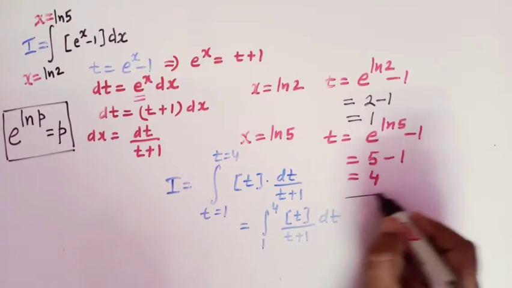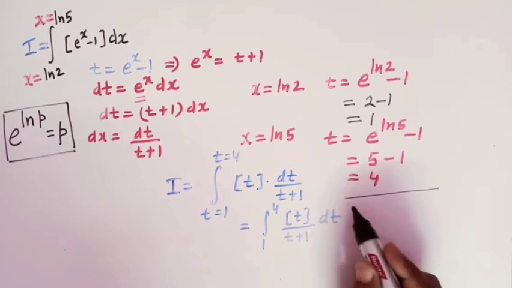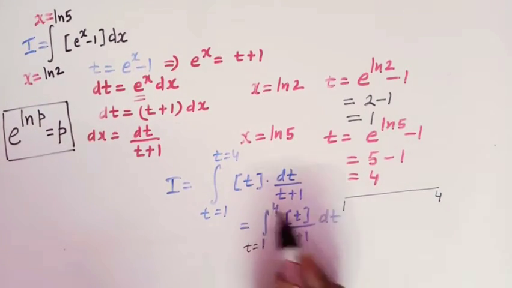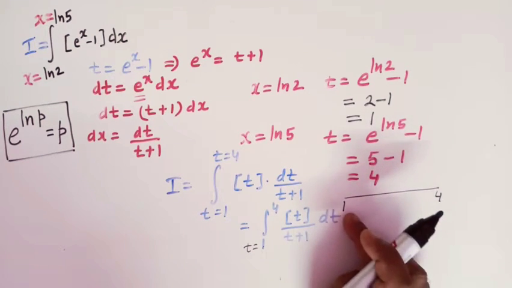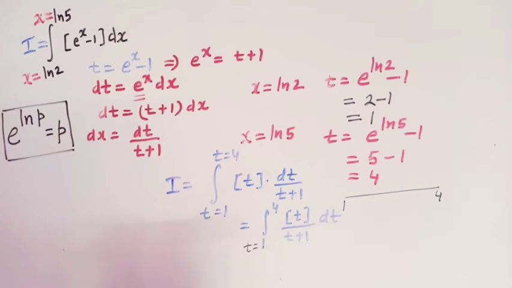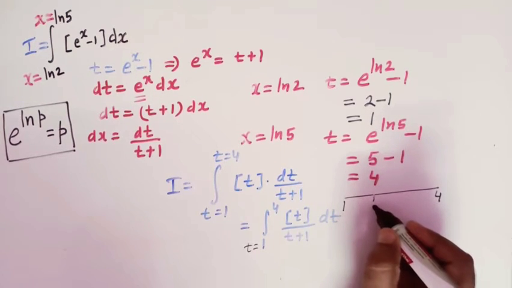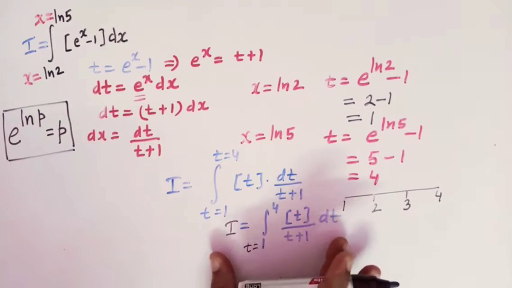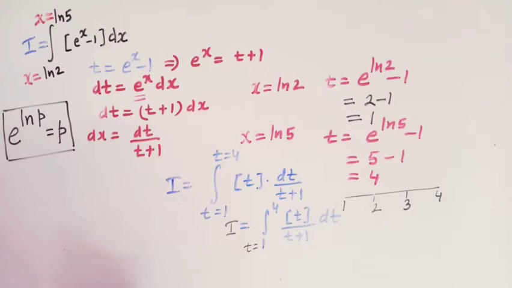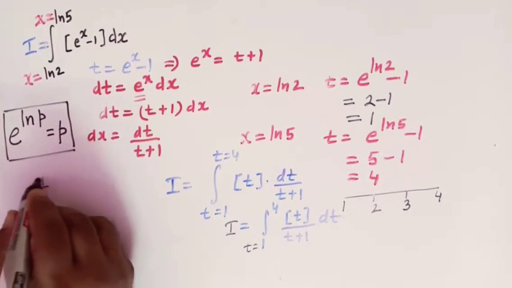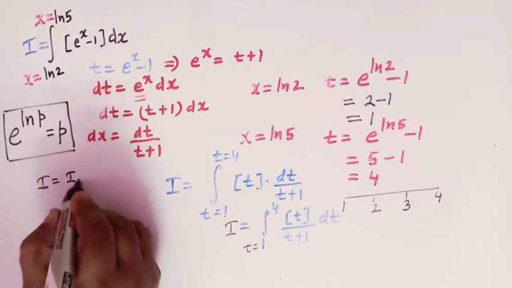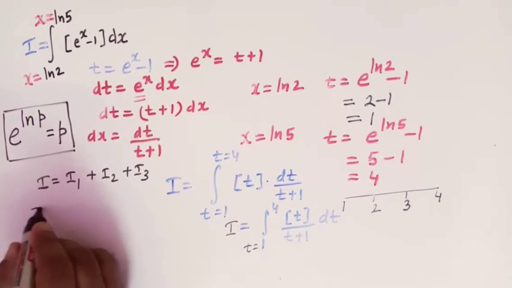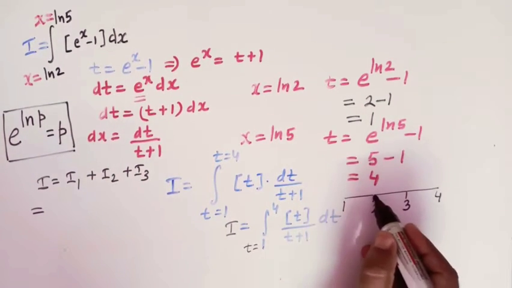Now viewers, here let us take the help of a number line. So here we have t is equal to 1, and here we have t is equal to 4, and between 1 and 4 we have two integers, namely 2 and 3, right? So now let us split this integral into three integrals, I1, I2 and I3, right? So we can write I is equal to I1 plus I2 plus I3, and I1 is from 1 to 2.